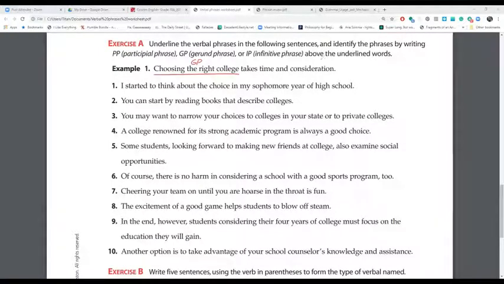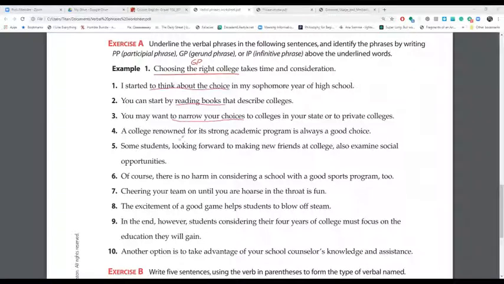Okay. Choosing the right college takes time and consideration. Number one, I started to think about the choice in my sophomore year of high school. Number two, you can start by reading books that describe colleges. Number three, you may want to narrow your choices to colleges in your state or private colleges.